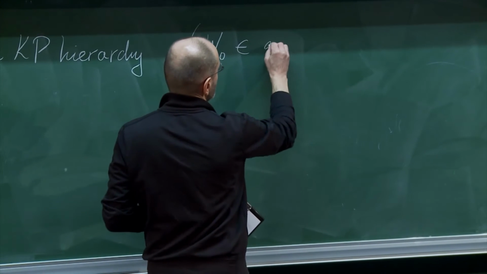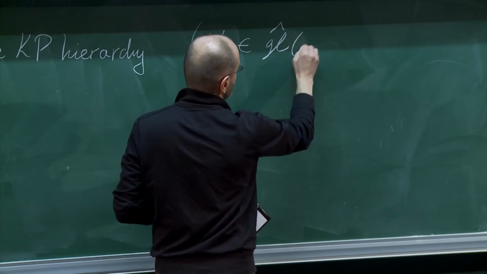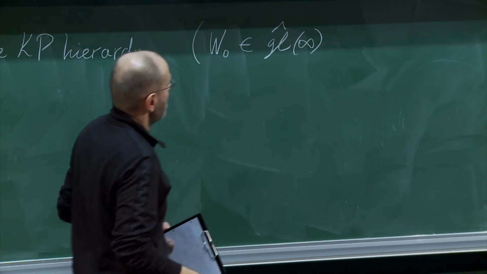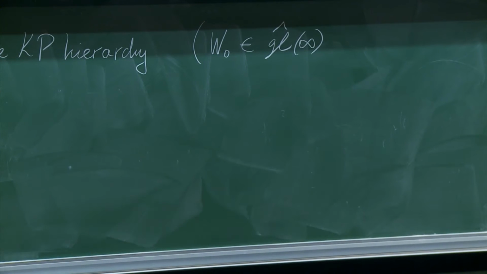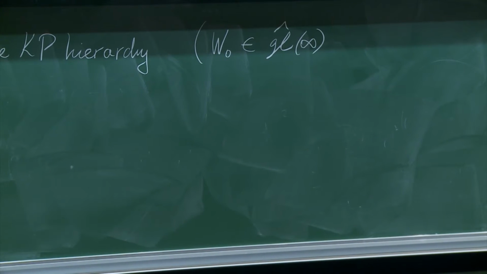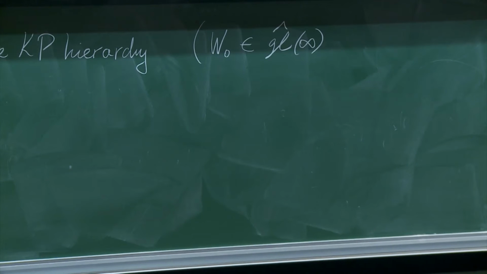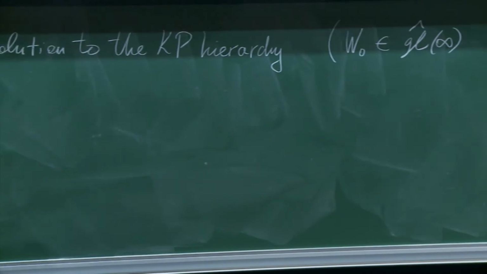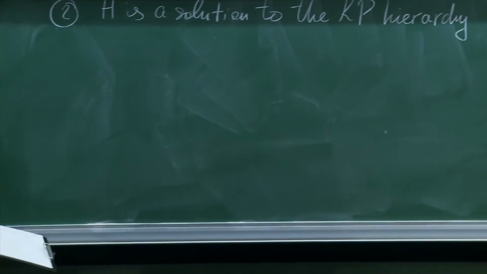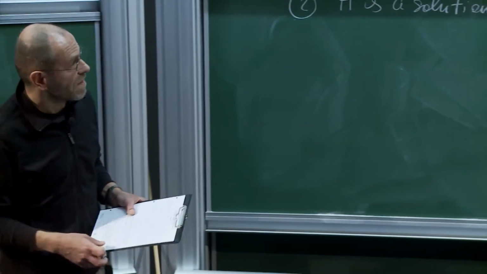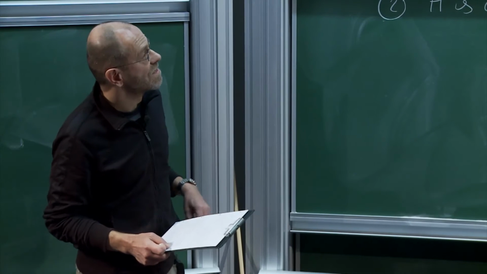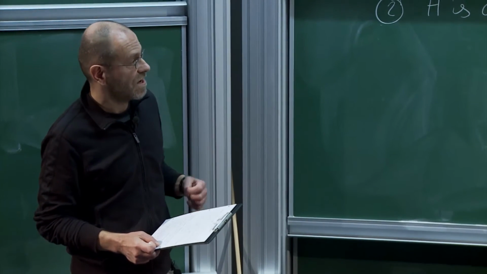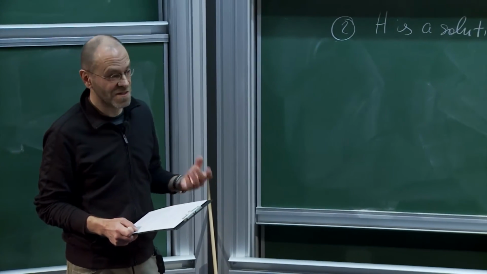That's the so-called GL hat infinity. And this flow just moves along the Sato-Grassmannian. That's the space of solutions to the KP.